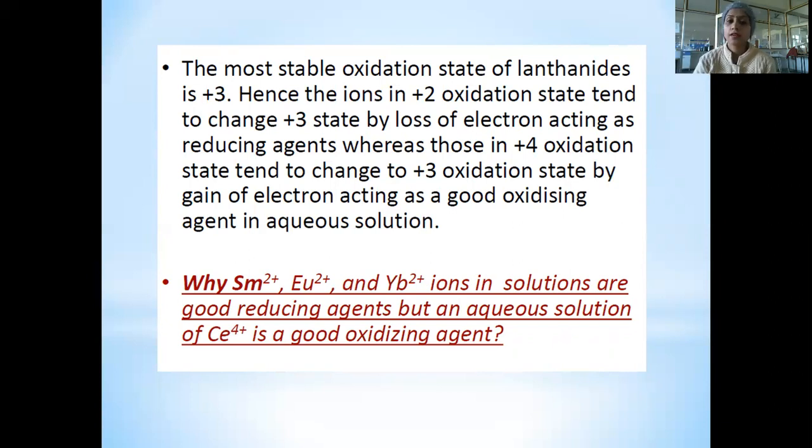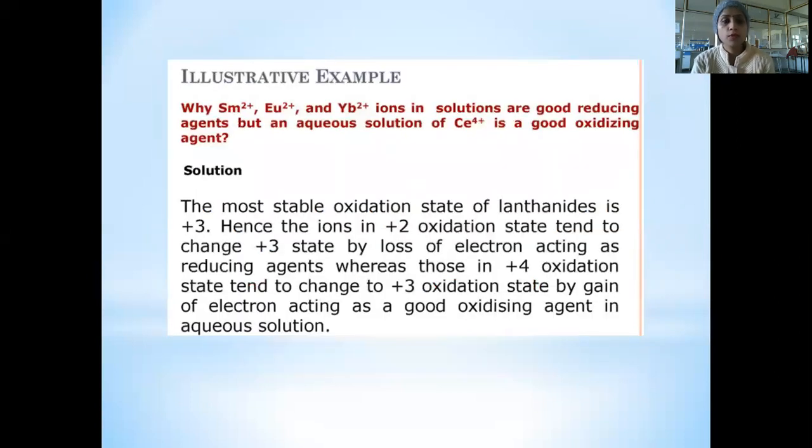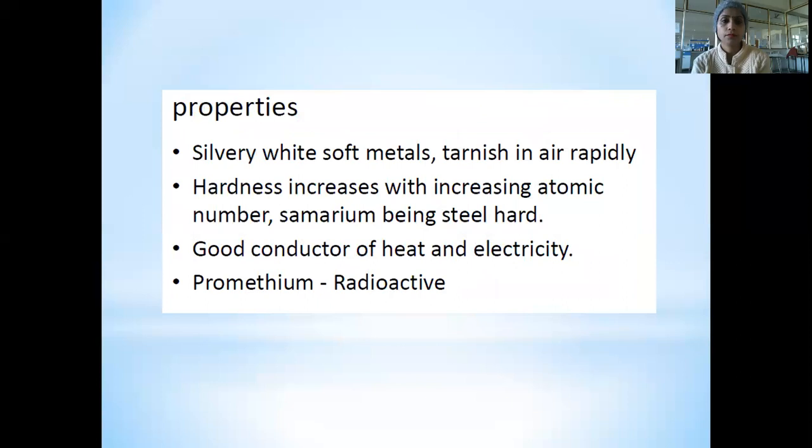The answer is right above it. Again the same: the most stable oxidation state of lanthanides is +3. Hence, the ions in the +2 oxidation state tend to change to the +3 state by loss of an electron, acting as a reducing agent. Whereas those in the +4 oxidation state tend to change to the +3 oxidation state by gain of an electron, acting as a good oxidizing agent in aqueous solution.